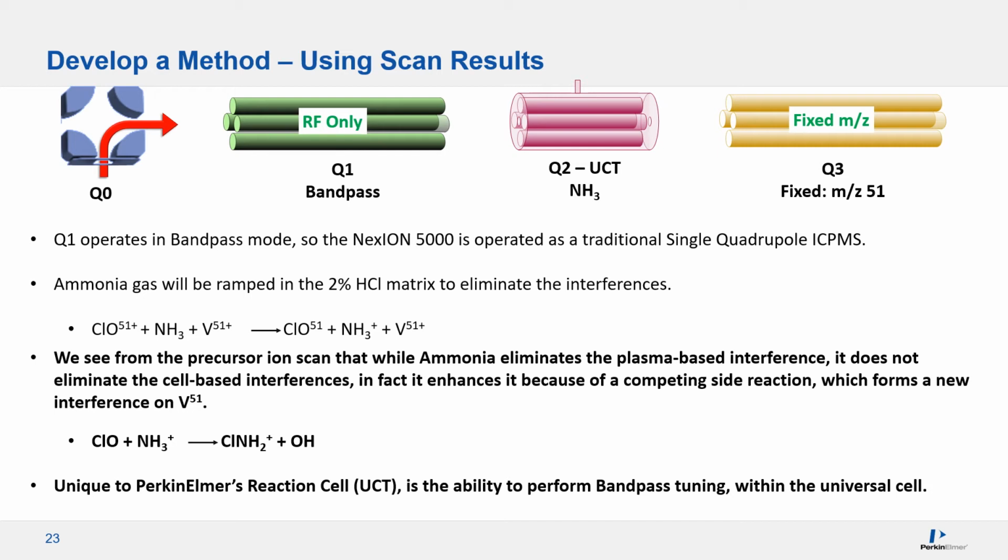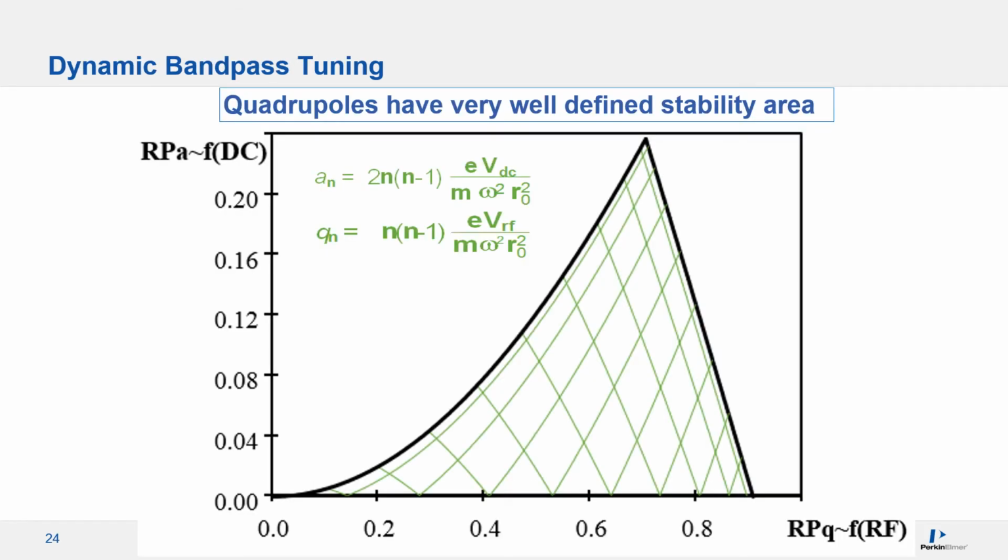One of the unique features of PerkinElmer's reaction cell, the dynamic reaction cell or universal cell technology, is the ability to perform bandpass tuning within the universal cell, to be dynamic. We know from quadrupole theory that they have very well-defined stability regions.